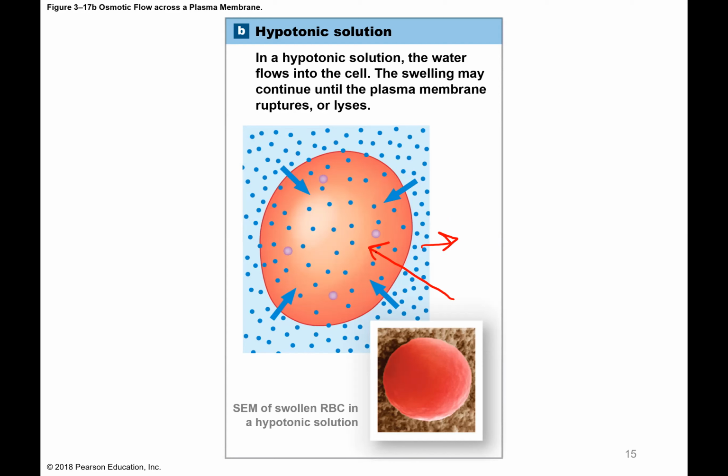And what happens is those water molecules flow inside the cell trying to dilute the solution essentially, and that causes the cell to swell up. And so you can see in this picture here, you have a swollen red blood cell that's round. That's not the normal red blood cell shape. And it can actually rupture or lyse, which is hemolysis. So we want to remember that term. Hemolysis.